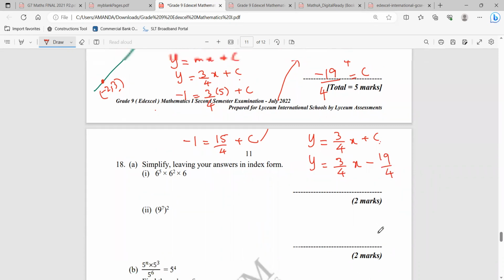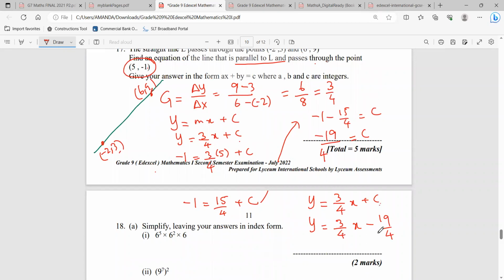So that's the formula, but they want it in the form ax plus by plus c. So they're not asking for anything in fractions.